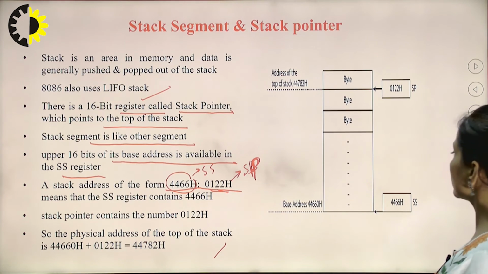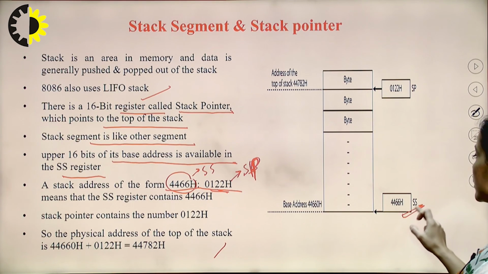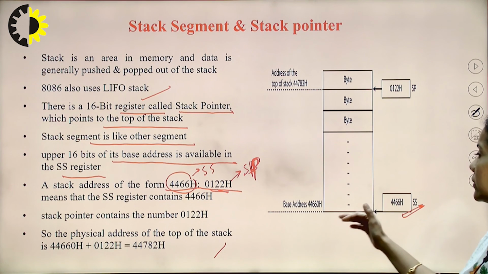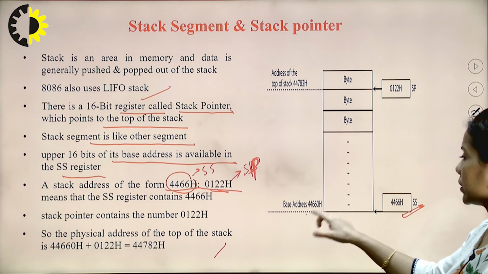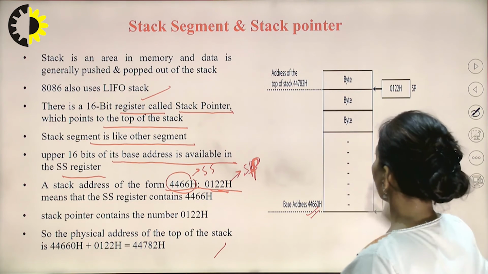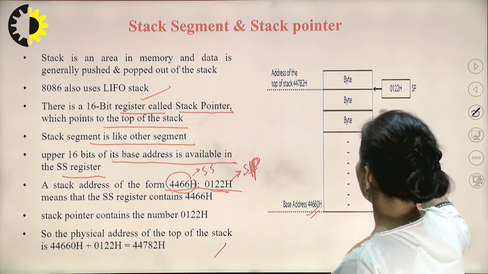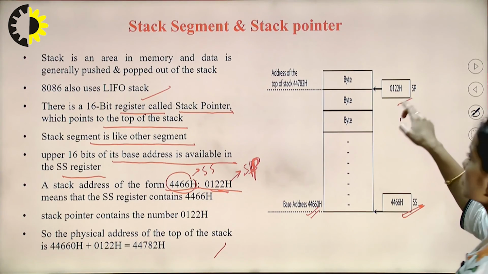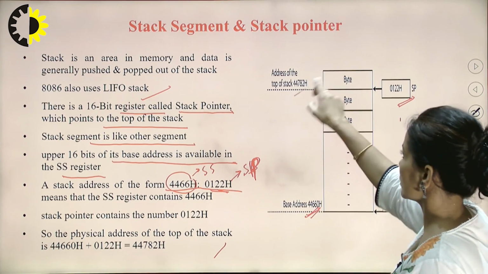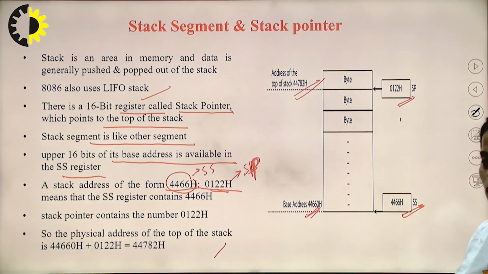Suppose this base address is stored in the stack segment register. The 4 zeros are appended at the right, and it forms the 20-bit value, that is 44660H, and here the offset is added to it. The offset is contained in the stack pointer. So the contents of the stack pointer are added to this address, and it gives us the final address, that is the top of the stack.